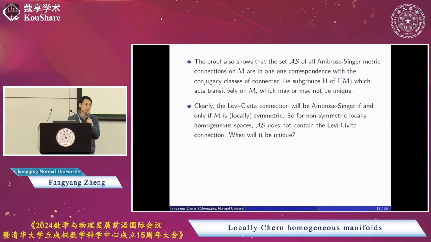But there are lots of legitimate questions one can ask. For example, if I use this script AS to denote the set of all Ambrose-Singer connections, this is sort of a moduli space, right? So when will this set be a unique point or not a unique point?